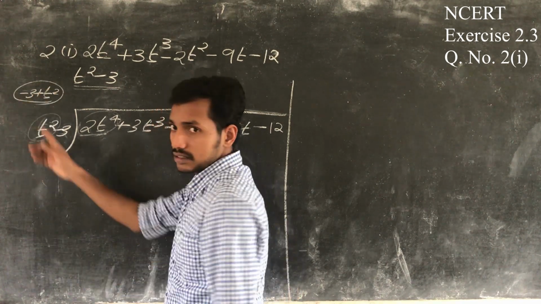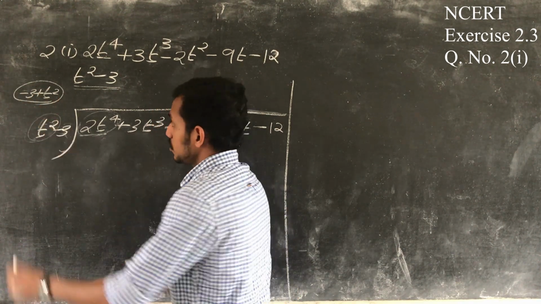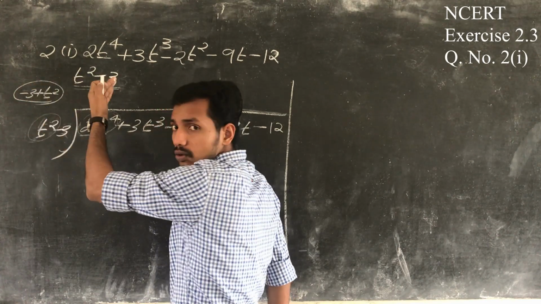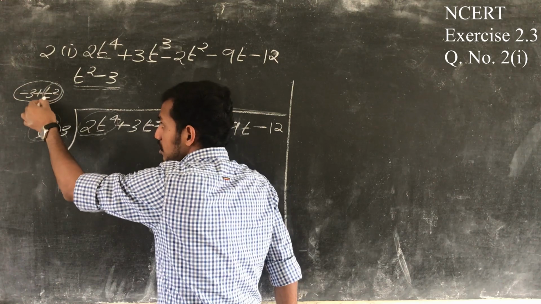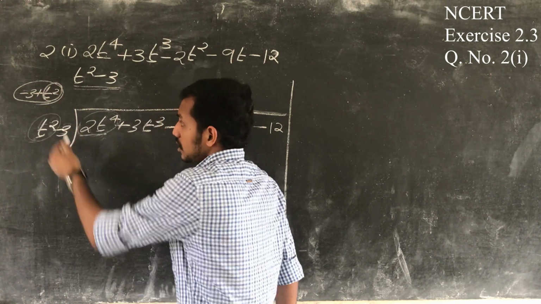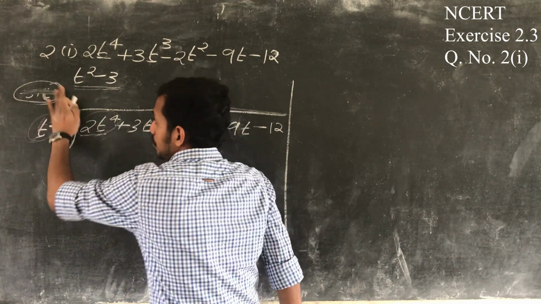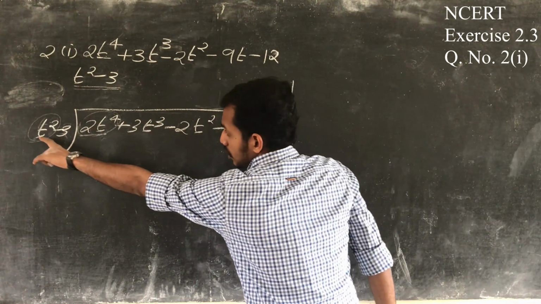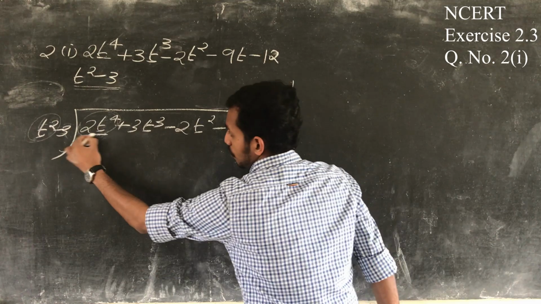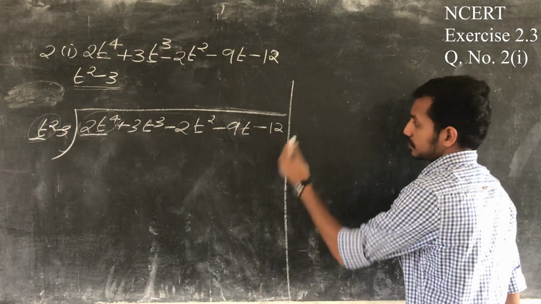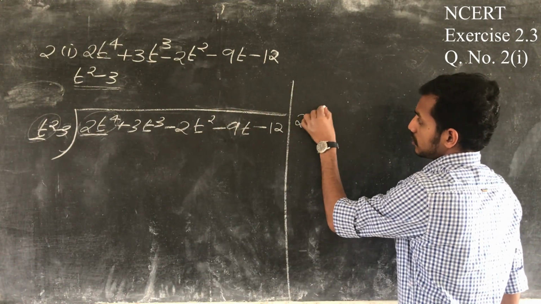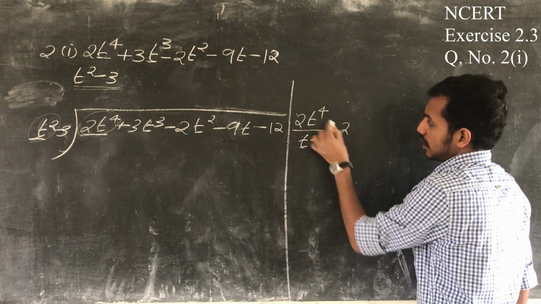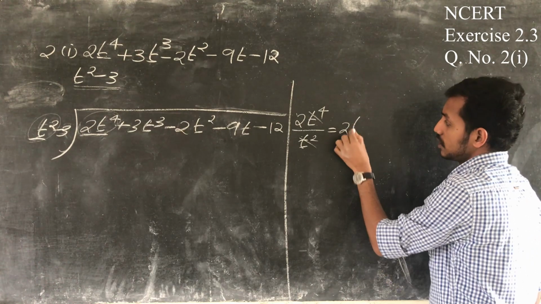Then you have to interchange it, or write the polynomial in the decreasing order of power, so that you get the first term as the term with the highest power. So 2t raised to 4 divided by t square: 2 is there, and t raised to 4 divided by t square will be t square.